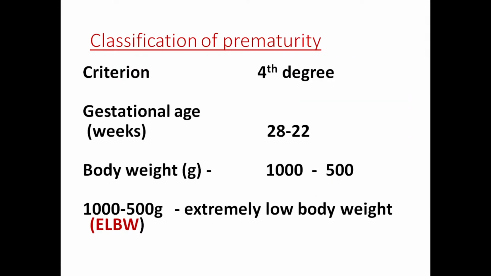Okay. The fourth degree of prematurity, the most severe degree, gestational age is from 22 to 28 weeks of gestation, body weight less than 1 kilo, and once again we prescribe an ICU for the newborn baby with weight more than 500 grams.